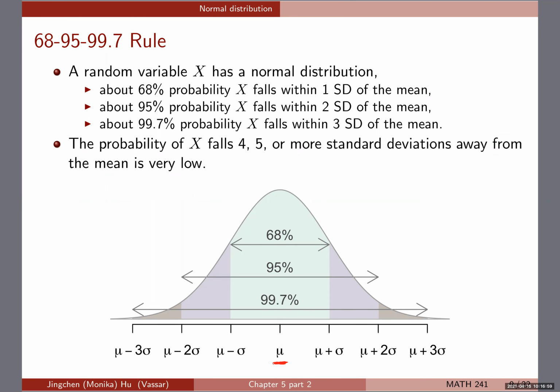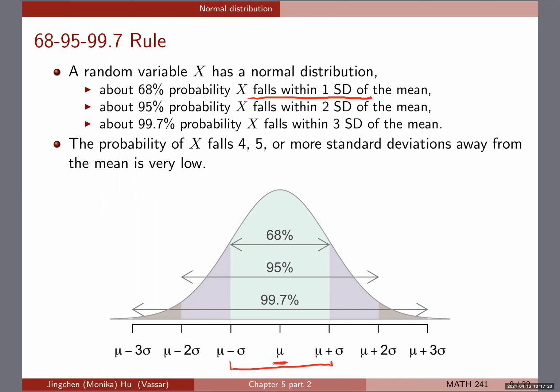What this rule is telling us is that if a random variable x has a normal distribution, then about 68% of the probability falls within one standard deviation of the mean. Within one standard deviation means mu minus sigma to mu plus sigma.